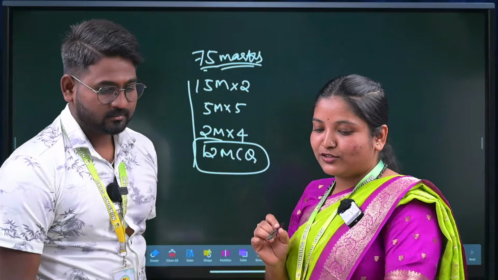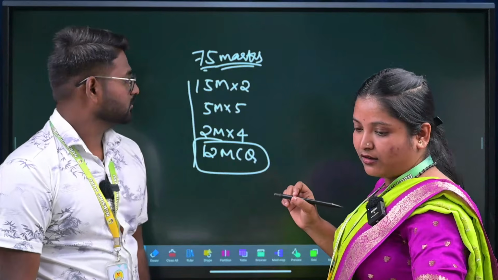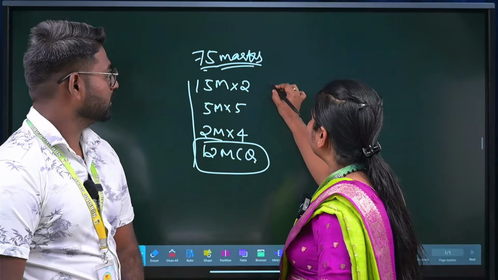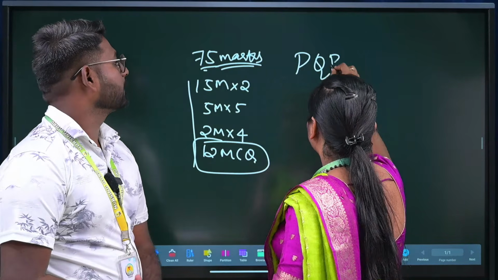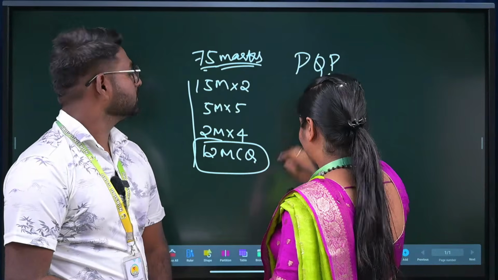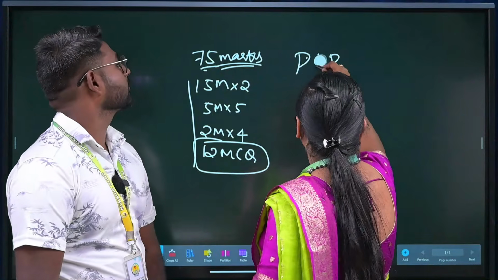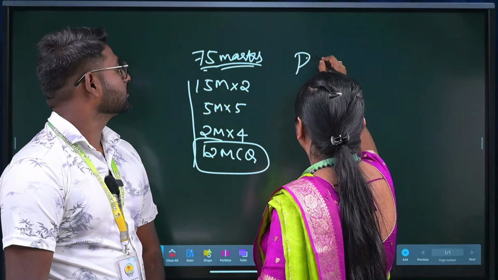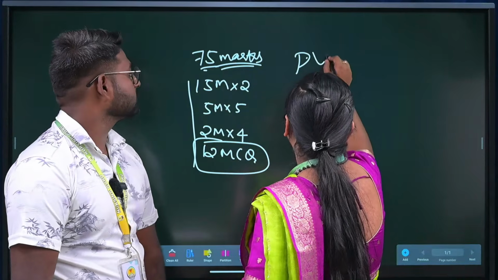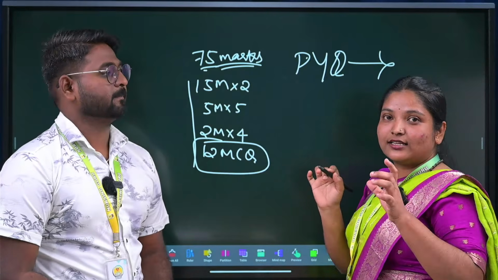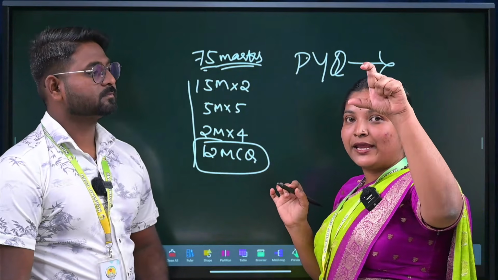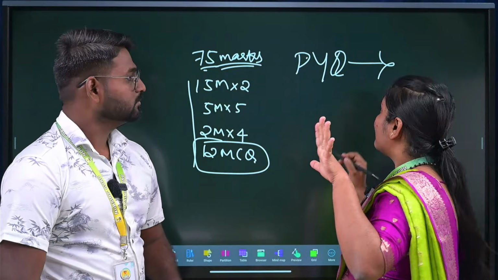So when it comes to previous year question papers, what do we call them? PYQs, right? You have to analyze like this: the first question, which unit is it taken from, okay?